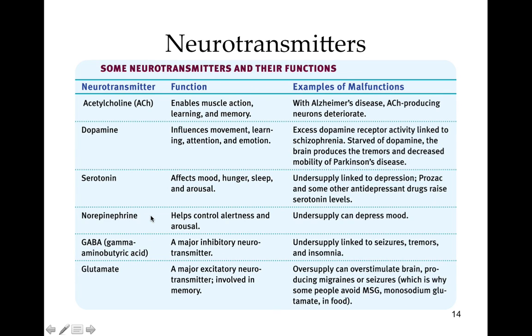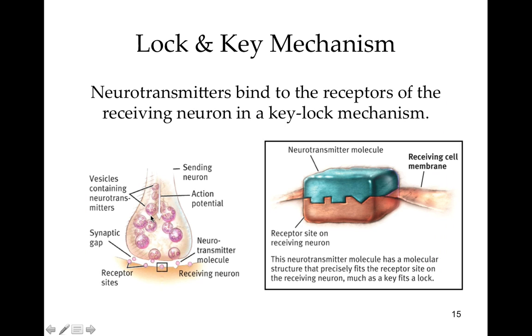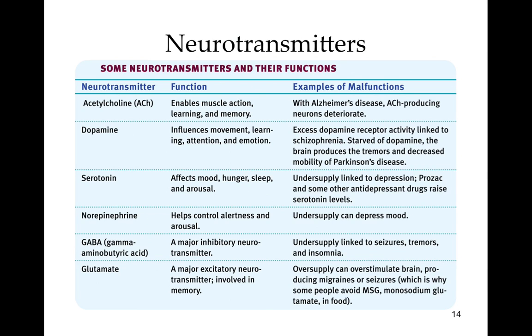Norepinephrine is a neurotransmitter that helps control alertness and arousal. Arousal in reference to being awake and ready to take on whatever challenge comes your way. An undersupply of norepinephrine can also depress mood, just like with serotonin.